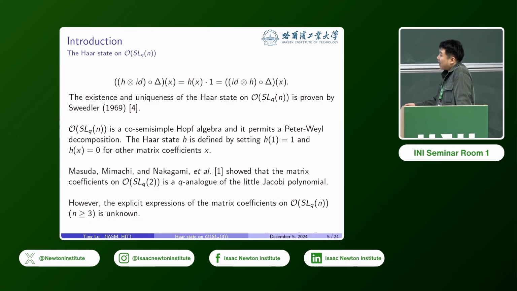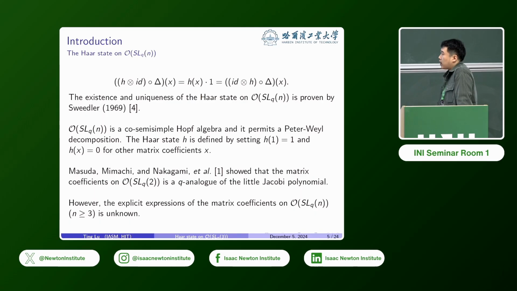So now it looks like if I want to compute the Haar state of something, I just decompose it into a linear combination of matrix coefficients. However, if you think about it, finding the explicit expression for these matrix coefficients is not easy.